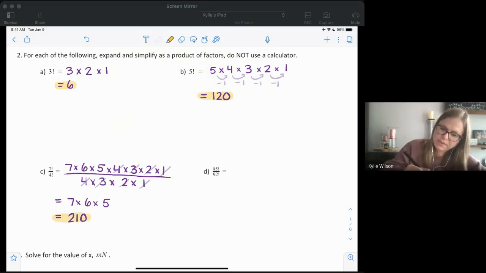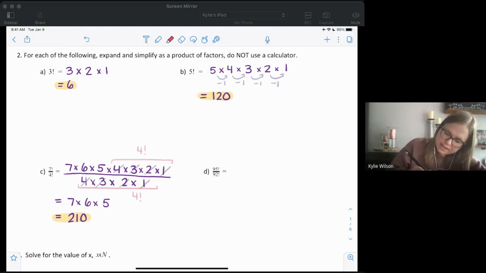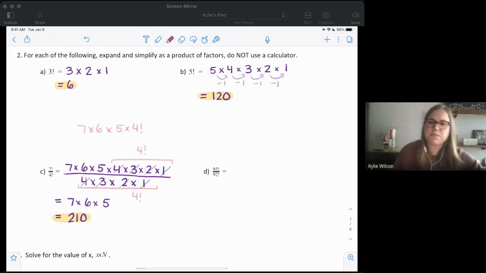Now, one really important thing to note here is look at the pieces I canceled out. This here is 4 factorial. This here is 4 factorial. So because 7 is bigger than 4, 4 factorial lives within 7 factorial. So if I look here, 4 factorial is within that. So I could have also written this as 7 times 6 times 5 times 4 factorial instead.